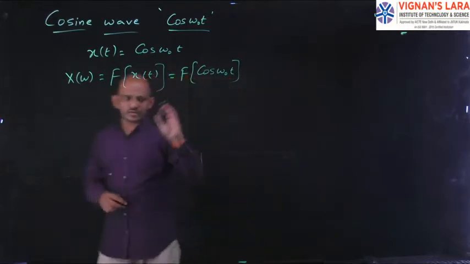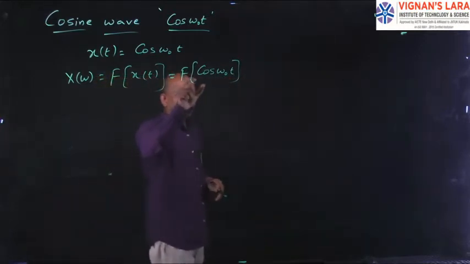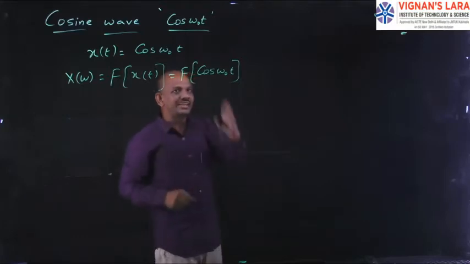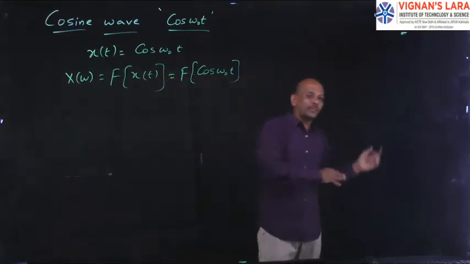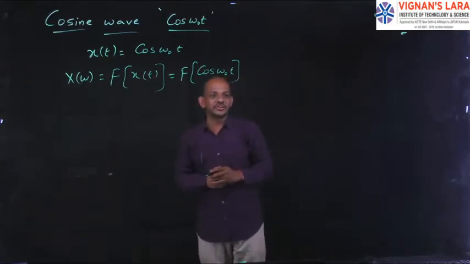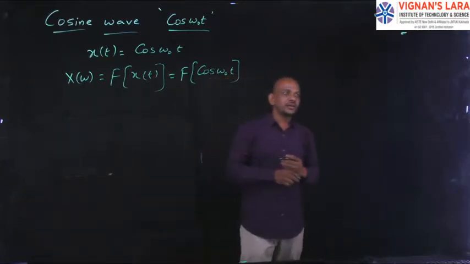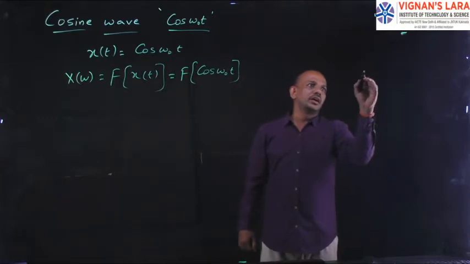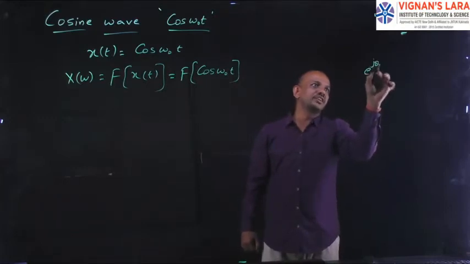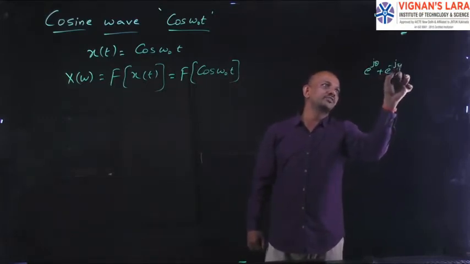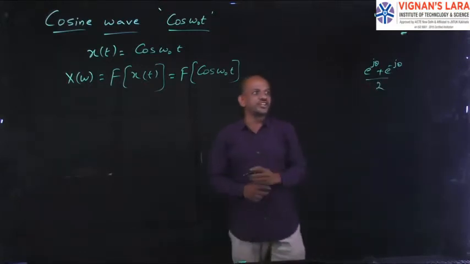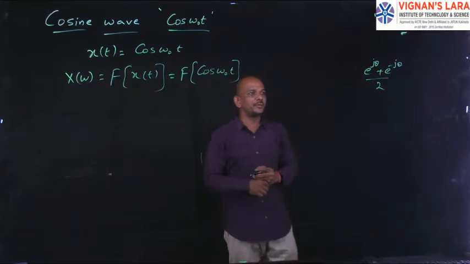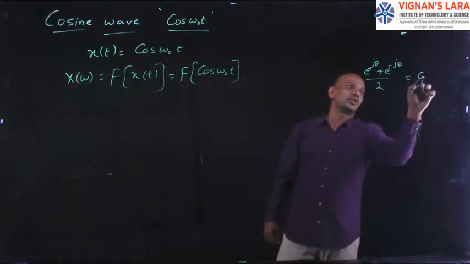Now, to find the Fourier transform, I will convert this cos omega naught t into complex exponentials. So we have the formula: e power j theta plus e power minus j theta by 2 is nothing but cos theta.